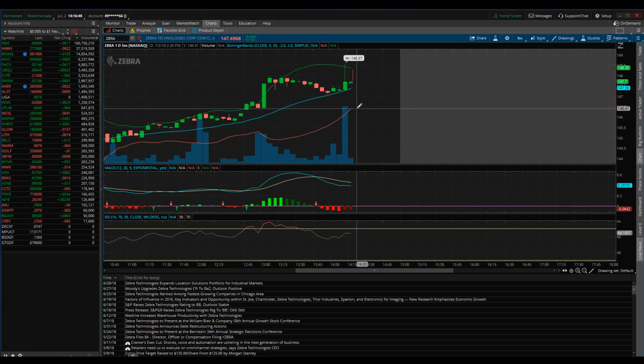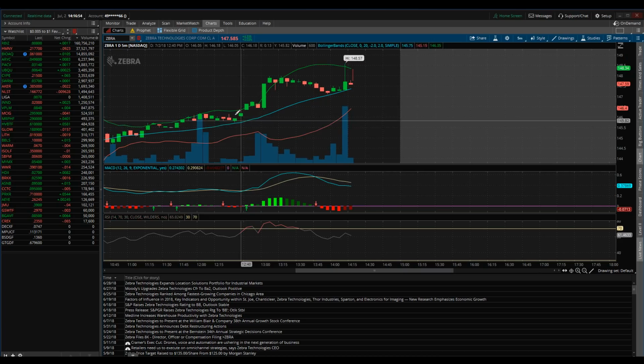So that would just be like a day trade. Now, would I have bought this one? No, because like I said, how I trade it is I have to see it break across this upper band for the first time.